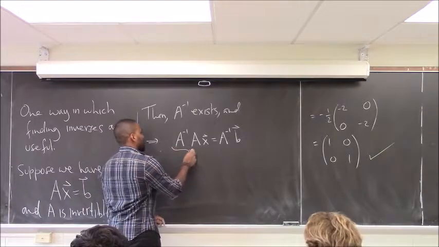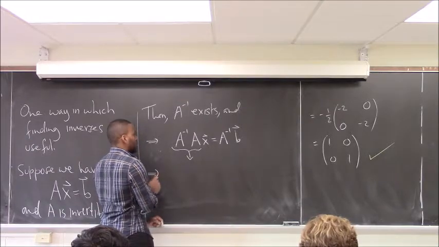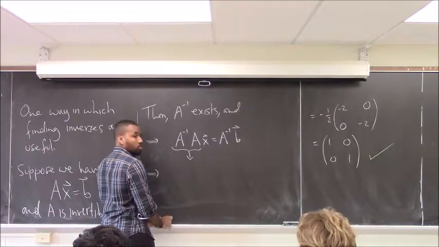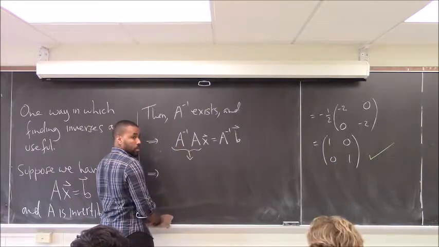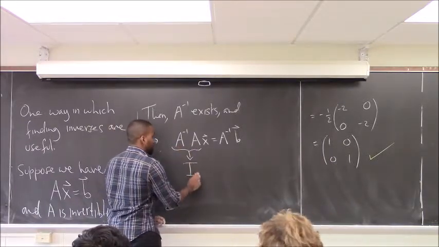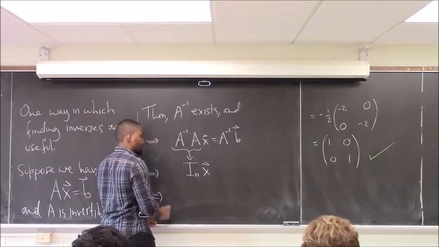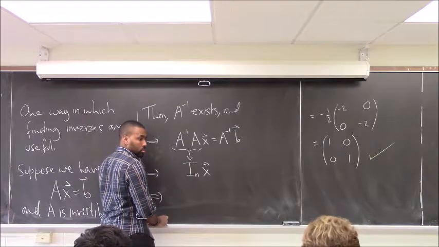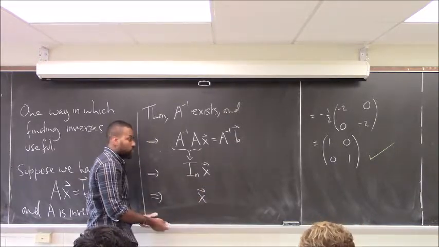Now what happens here? What is that equal to? A inverse times A, by identity. And what's that equal to? The identity times this thing, just the guy. That's the point of the identity. You multiply it by anything, it just gives you the thing back.